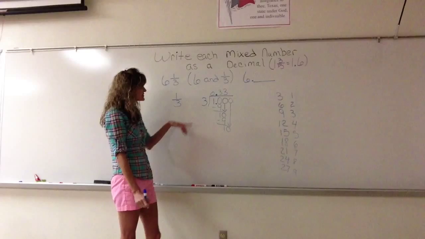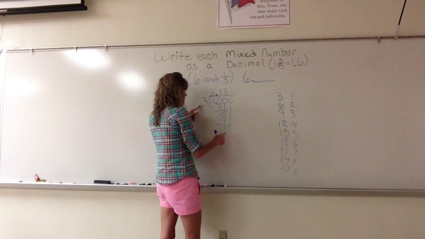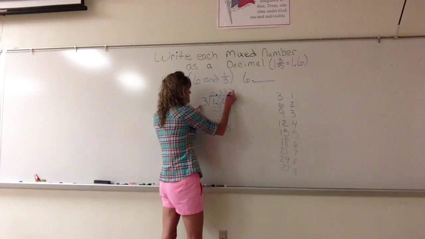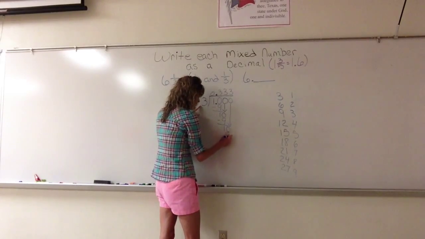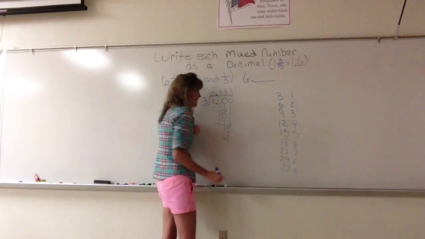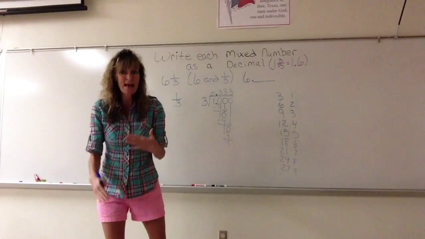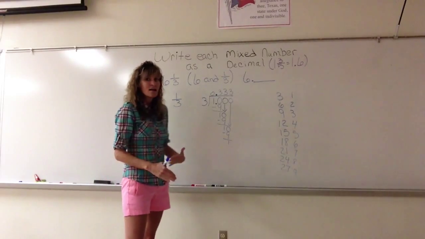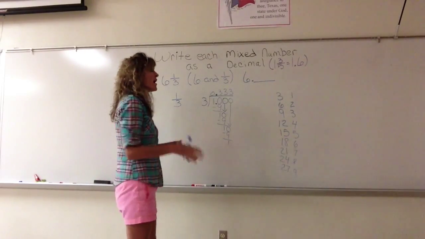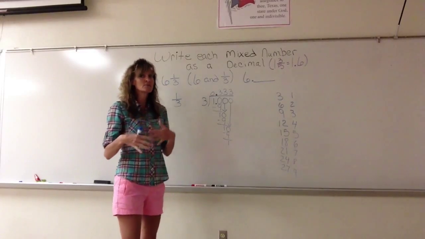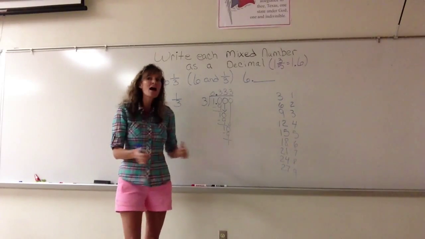Again, how many groups of 3 are there in 10? There are 3 groups of 3, because that is 9. You see how many times I repeated the exact same thing? I did that 3 times.